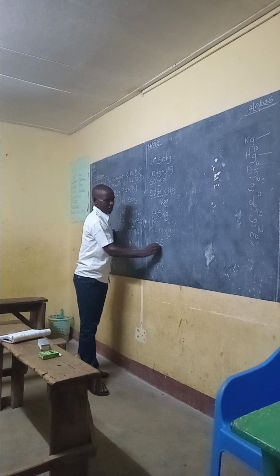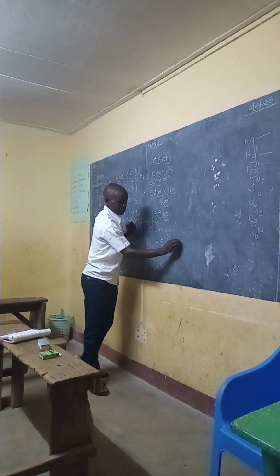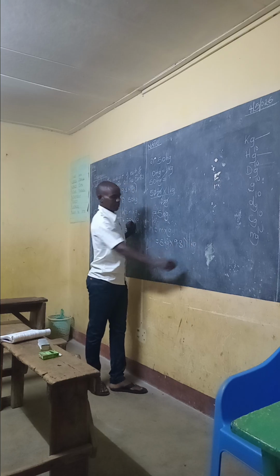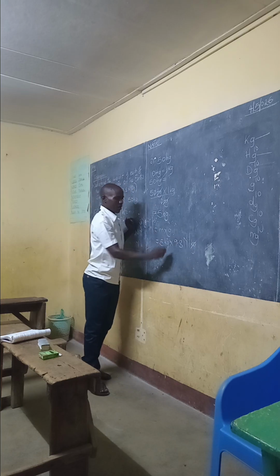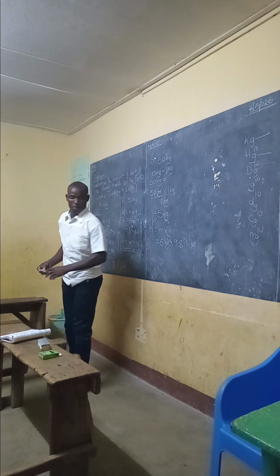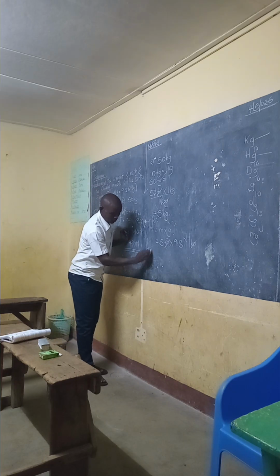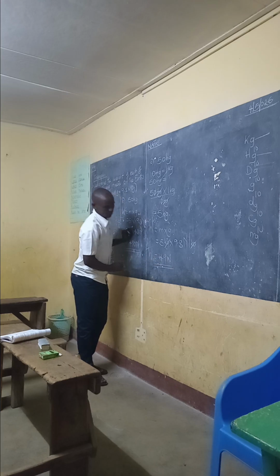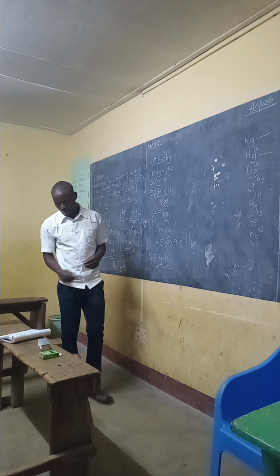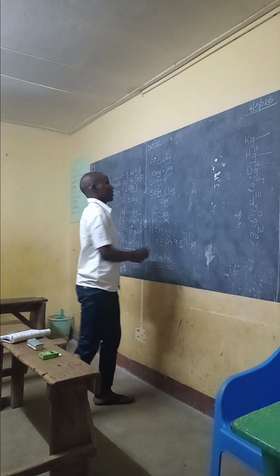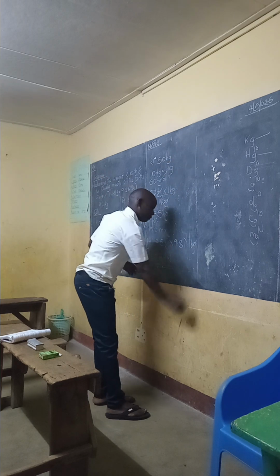Our mass is 5 kilograms multiplied by 9.8 Newton per kilogram. Kilogram will cancel. 9.8 times 5 will be 49 Newton.